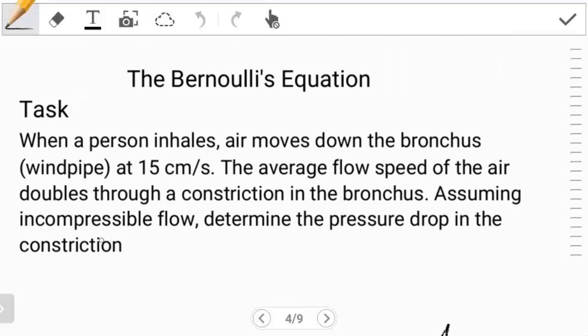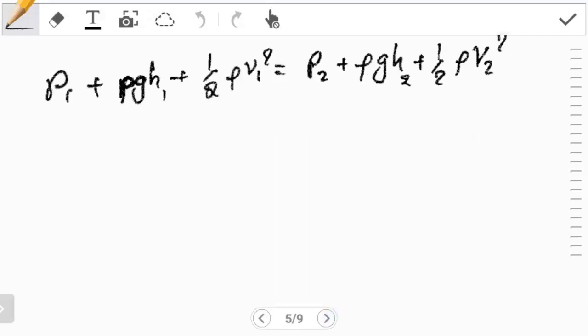Assuming incompressible flow, determine the pressure drop in the constriction. So they want the pressure drop, so here we have to calculate the pressure difference. That is where we're going with this. The pressure drop is going to be the pressure difference, and what is that? We have to evaluate P1 minus P2.